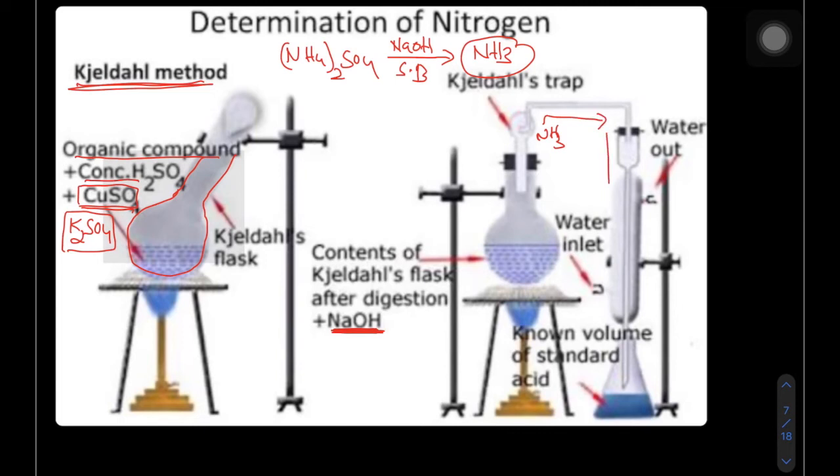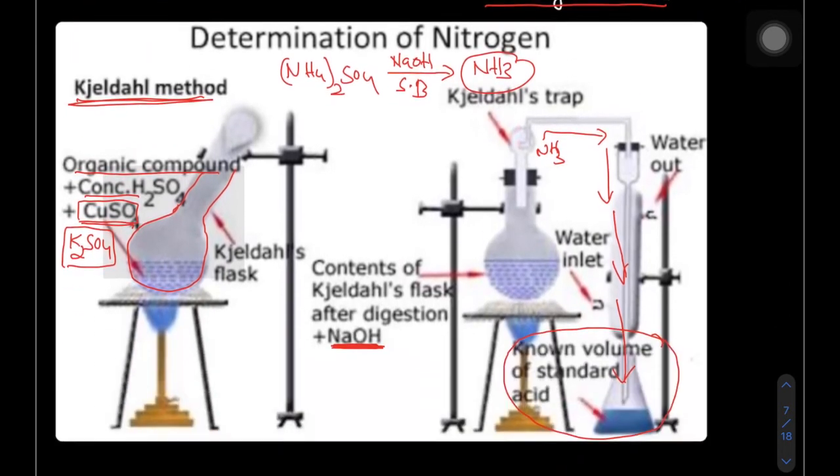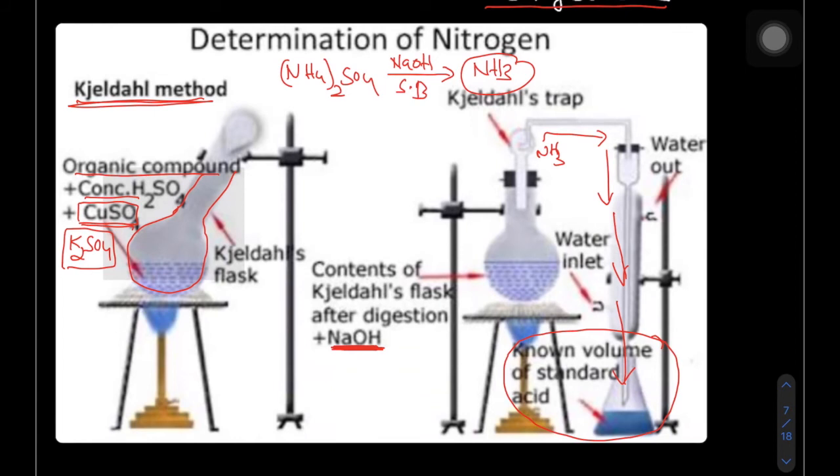This ammonia gas will come to a known volume of the standard solution of the acid. The acid absorbs the ammonia. Acid absorbs what? Ammonia gas.